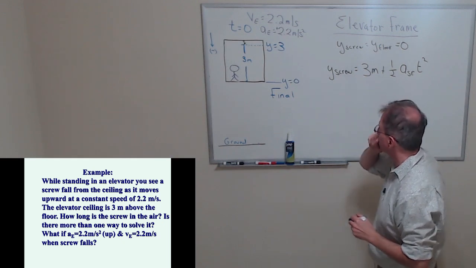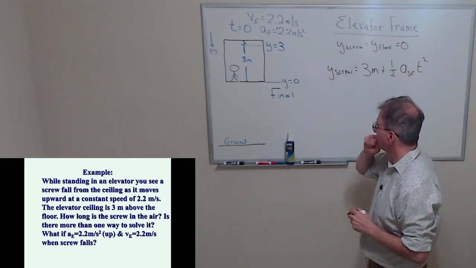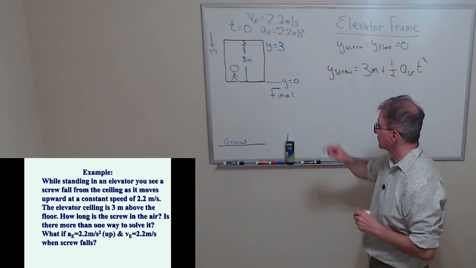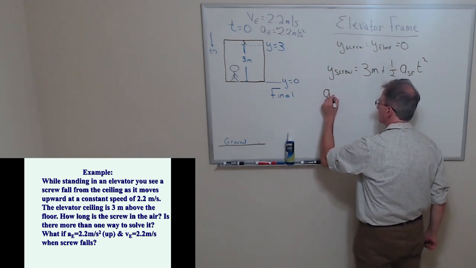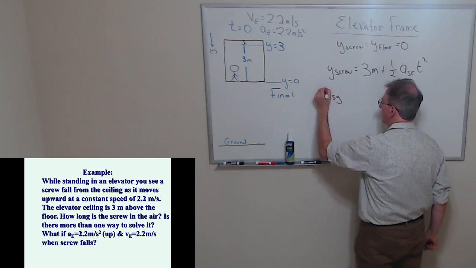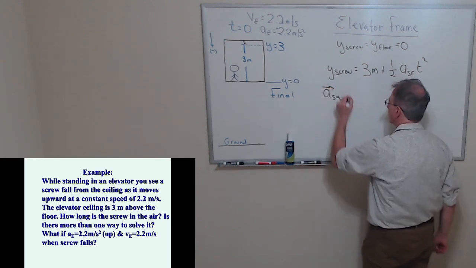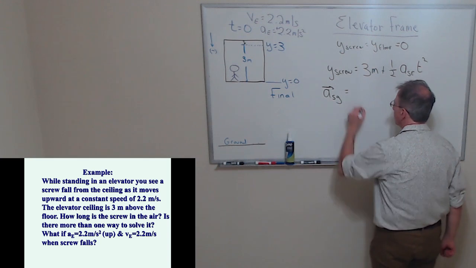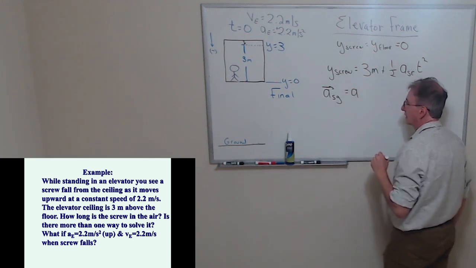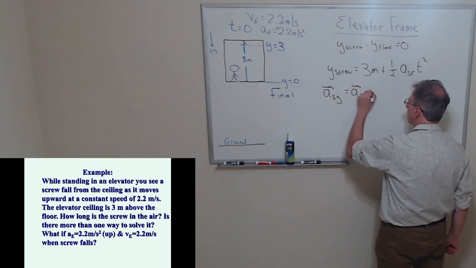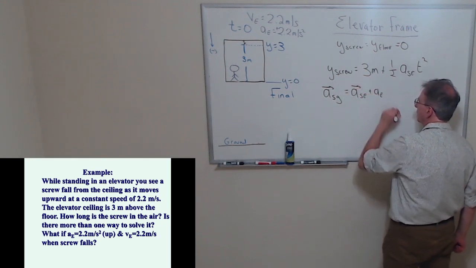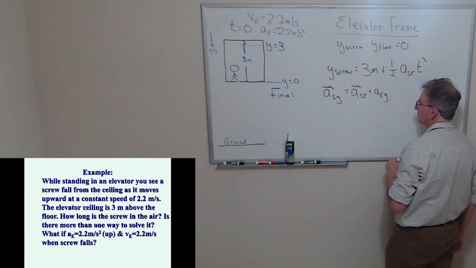It turns out that we can write the acceleration of the screw relative to the ground, that's 9.8 downward, as equal to the acceleration of the screw relative to the elevator plus the acceleration of the elevator relative to the ground.